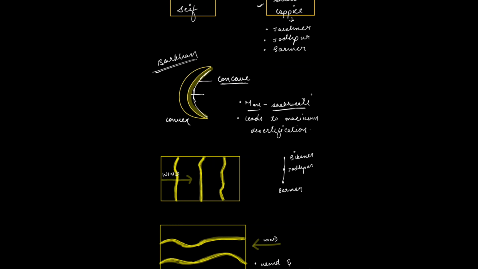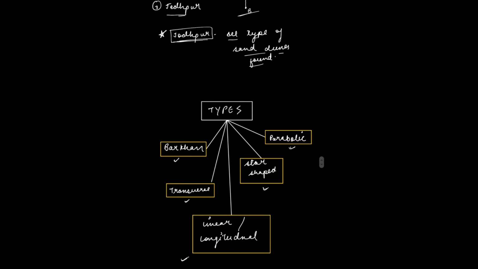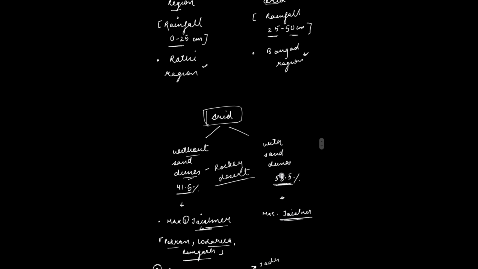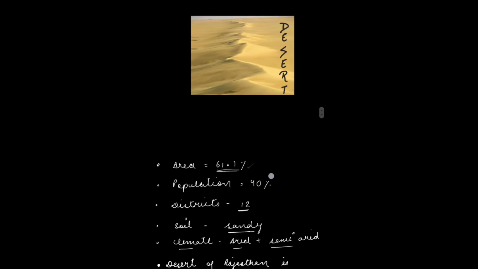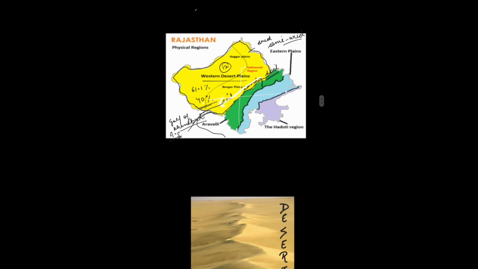That's why we are saying that the march of desert means the moving of desert. March of desert, it is moving towards the Shekhawati region. That's why we are saying that Barkhan are found in Shekhawati region, and maximum desertification is moving towards that side. Just a second, let me show you with the help of map. This is our Shekhawati region.